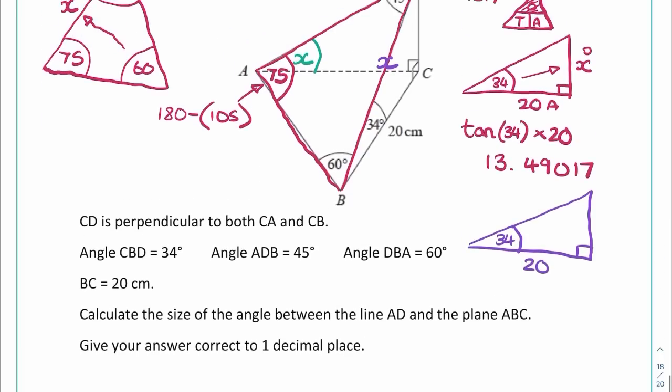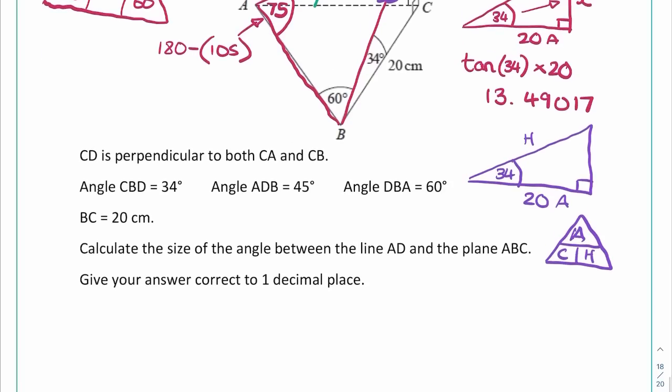I prefer to use SOHCAHTOA, but you could use Pythagoras at this point, absolutely fine. This is going to be the hypotenuse. We don't have the opposite, this is the adjacent. So for this particular triangle, I'll be using cos, so CAH, and we are finding the hypotenuse.